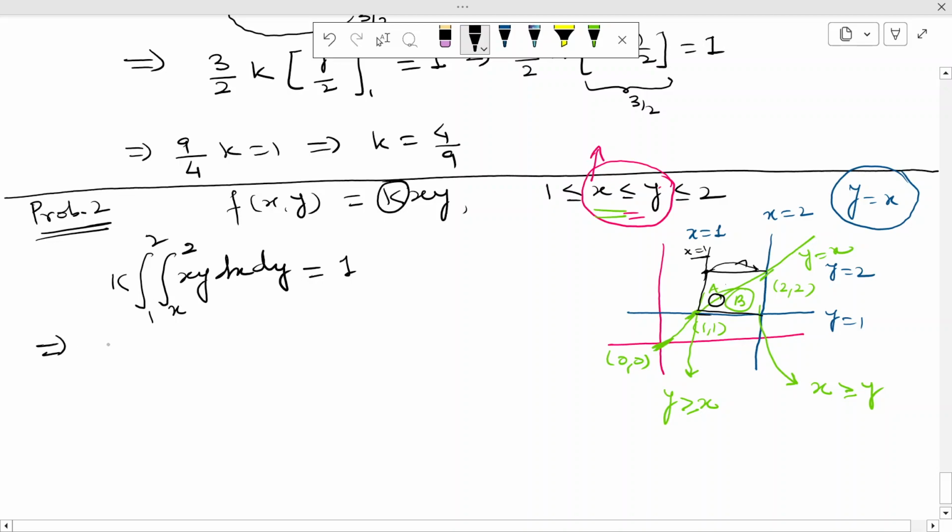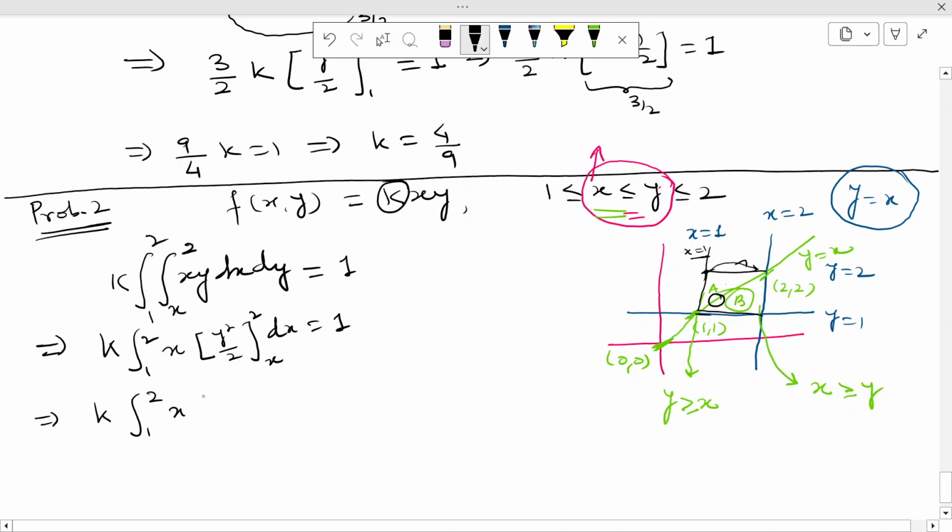Now we have to perform the integral. First we perform the integral with respect to y. Taking x as it is, the integral gives y square by 2, and we have yet to integrate with respect to x. So the limits for x are 1 to 2, and the limits for y are x to 2.